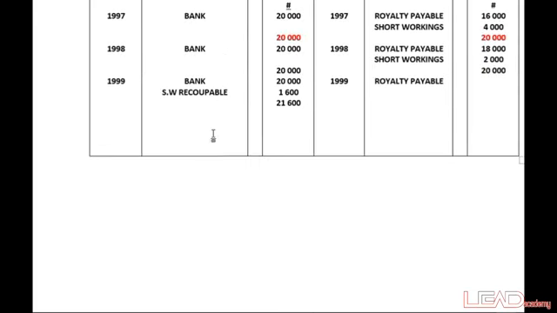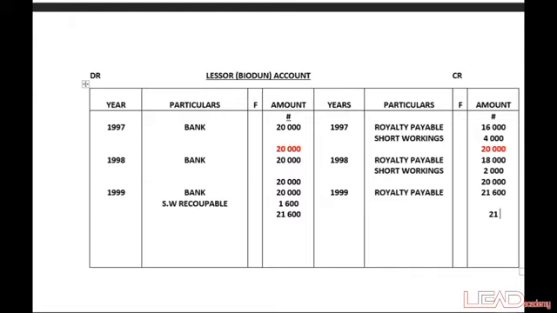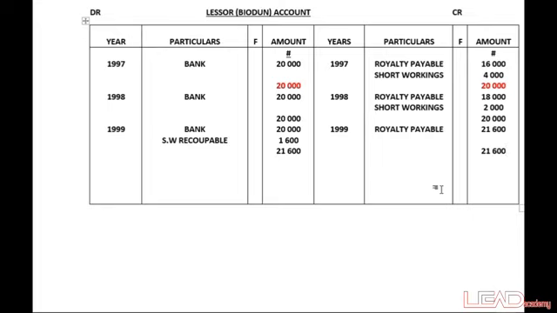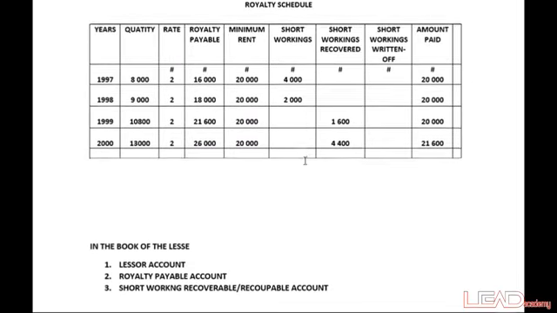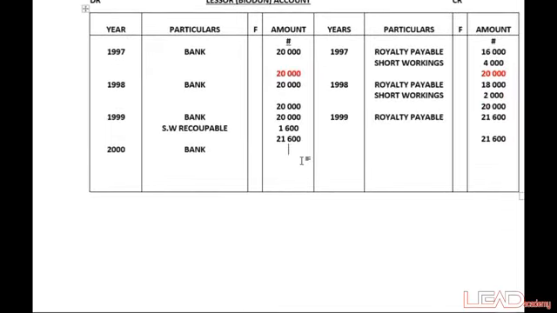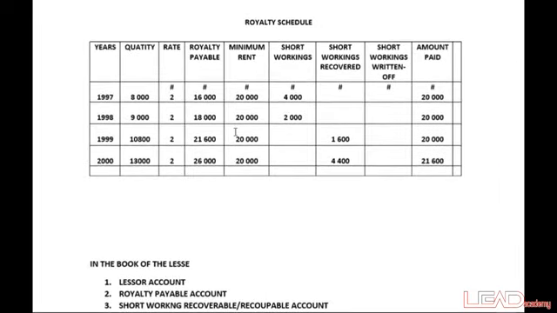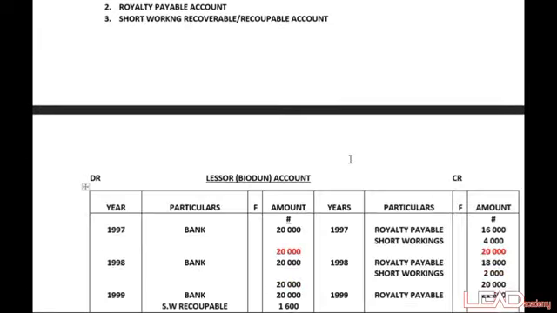Royalty payable of 21,600, you can go to your schedule. You can pause the video and try to work out the entry for 2000. So year 2000, he received a royalty of 21,600, you go to your schedule. Was there any short workings recoverable? Yes, which was 4,400.